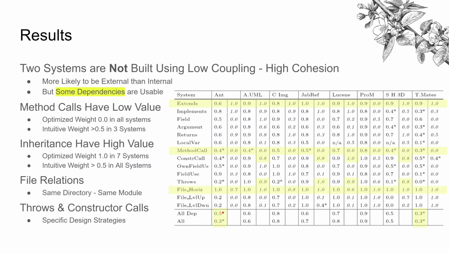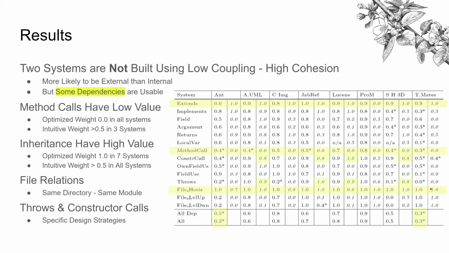That is, it's almost more likely that a dependency is external to the module than internal. However, for both of these systems we can find some dependency types that are actually very cohesive. For example, the extends and implements dependencies in Ant and the extends dependency type in Teammates.